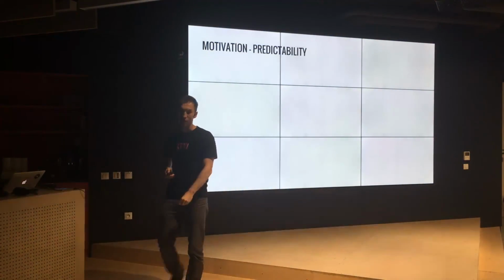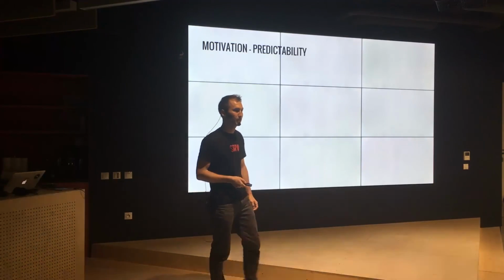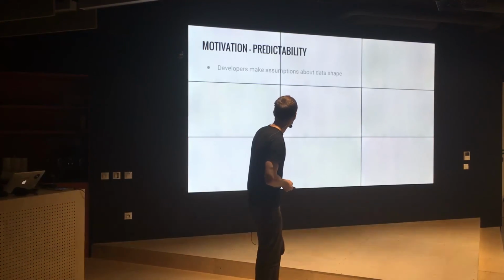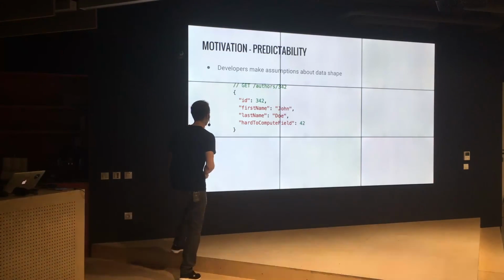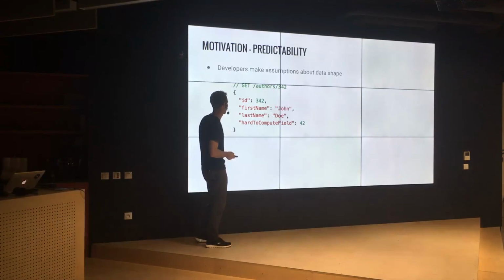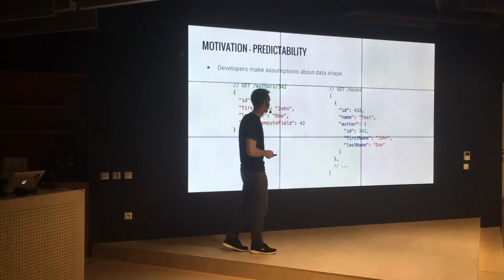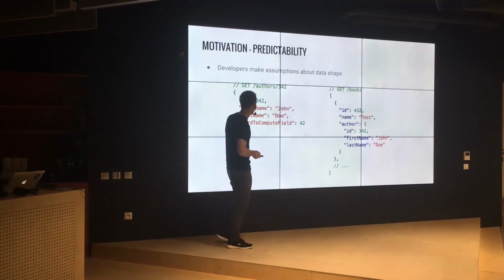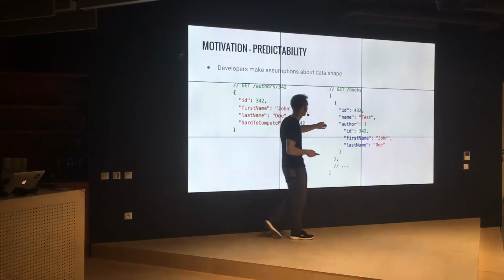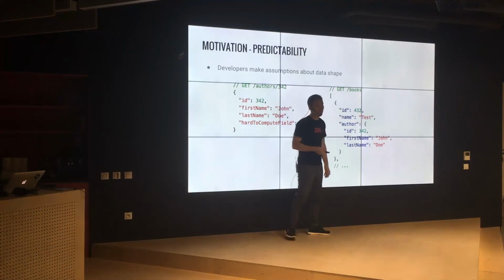Another thing is, and it often happens to me as well, I don't know who of you are backend developers, but we have this situation: I built an endpoint with the detail of an author, where I put some fields. And then I built another endpoint for retrieving books, but sometimes the fields in the author detail don't perfectly match the author object in the list of books.